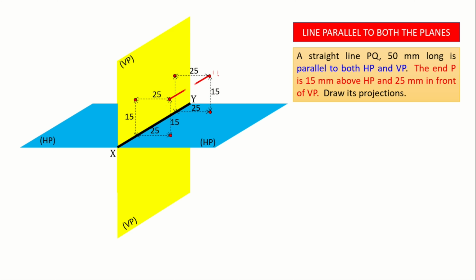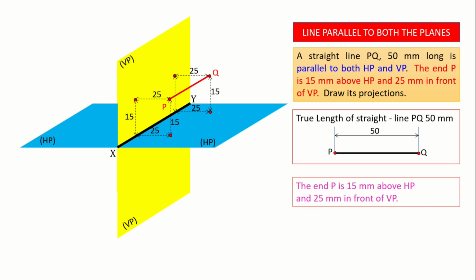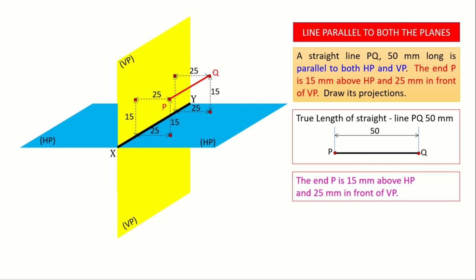So, here the line PQ is given. The true length of the straight line PQ is 50 mm. There are two end points P and Q. The end P is 15 mm above HP and 25 mm in front of VP.